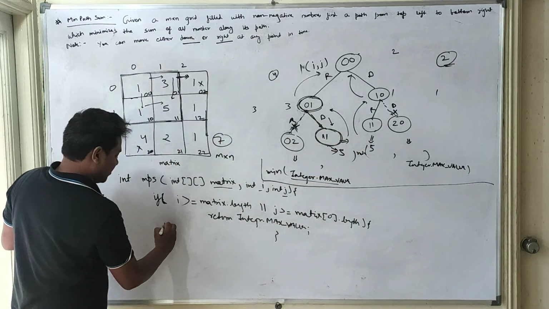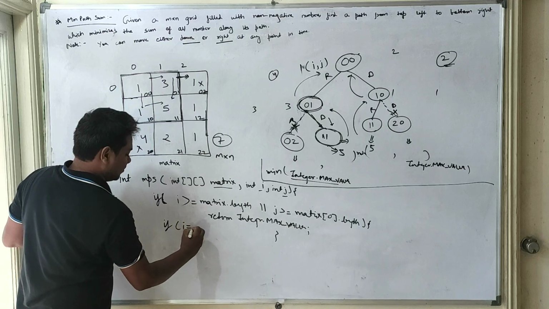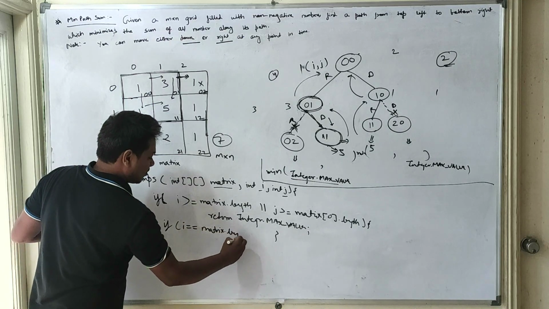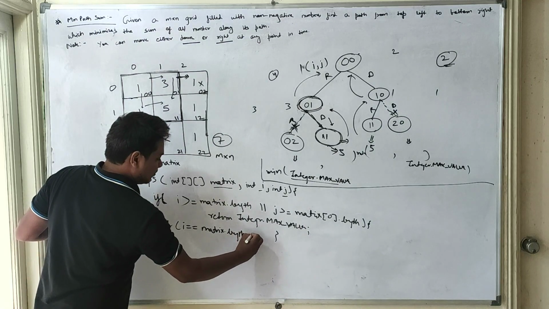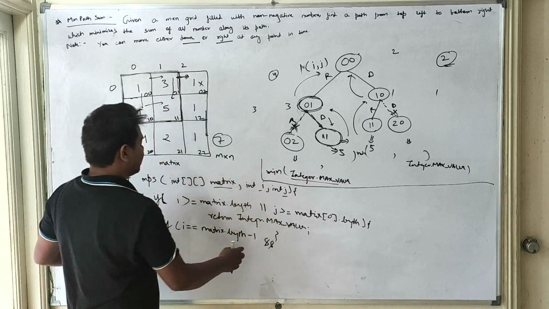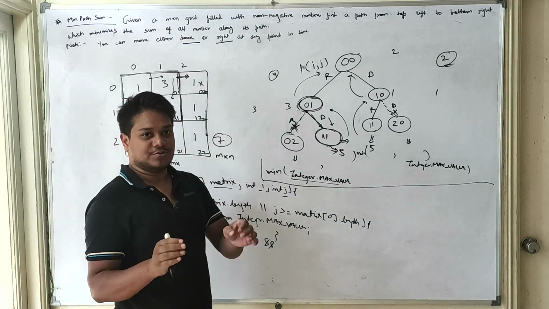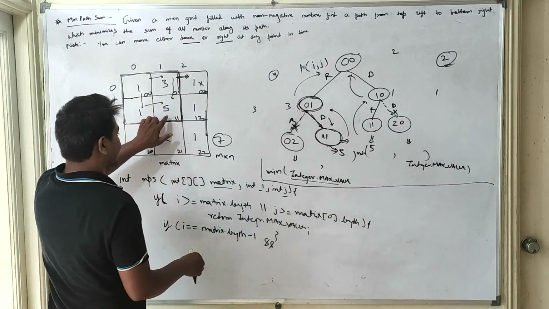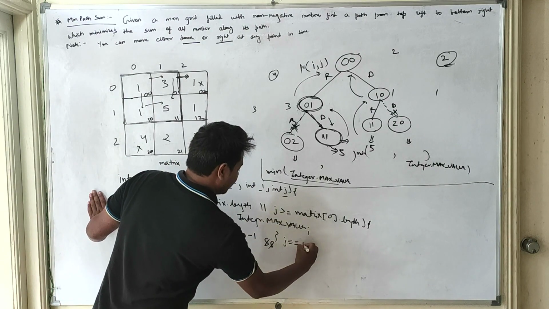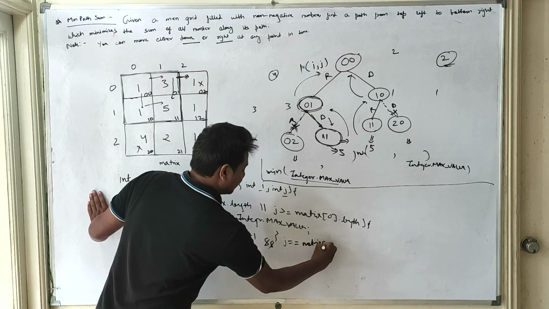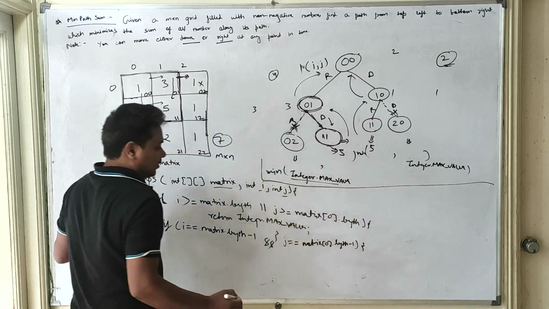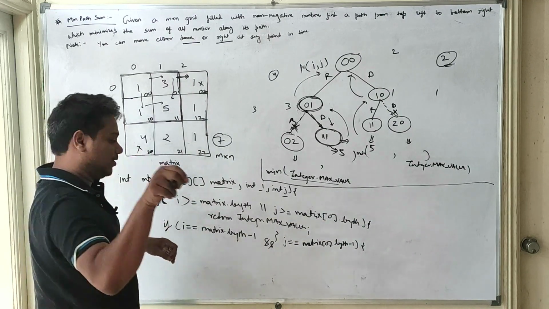So if i is equal to matrix dot length minus 1, and because both i and j have to simultaneously reach over there, then only it will be landing to this cell, and j is equal to matrix[0].length minus 1, then we will be returning the value of that cell.